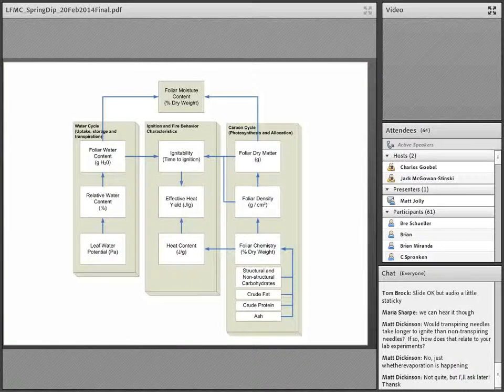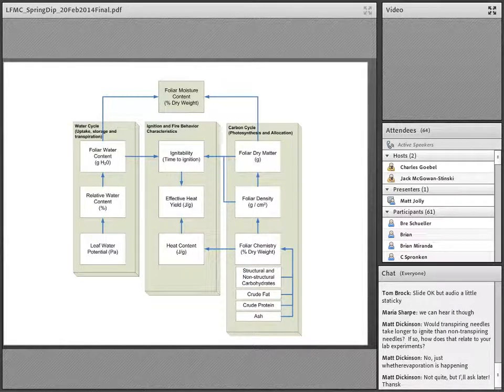So if we look at this a little bit different way, what we see is that really the foliar moisture content is driven by two separate but related things. There's a change in the foliar water content, which we know from our relative water content measurements that there is some degree of that, and that it is important, and that we can most likely track those changes with, say, looking at leaf water potential or some other metric.